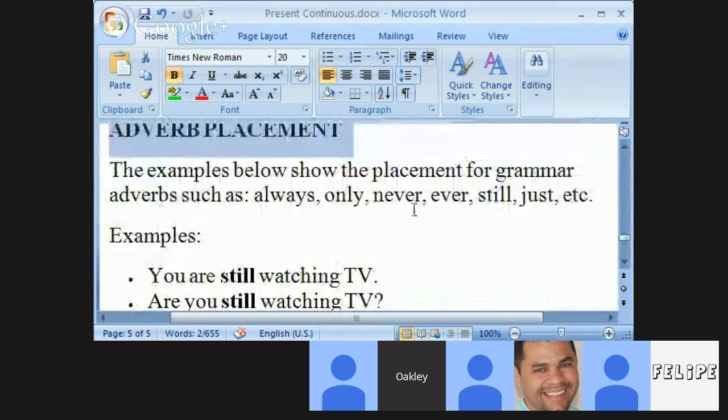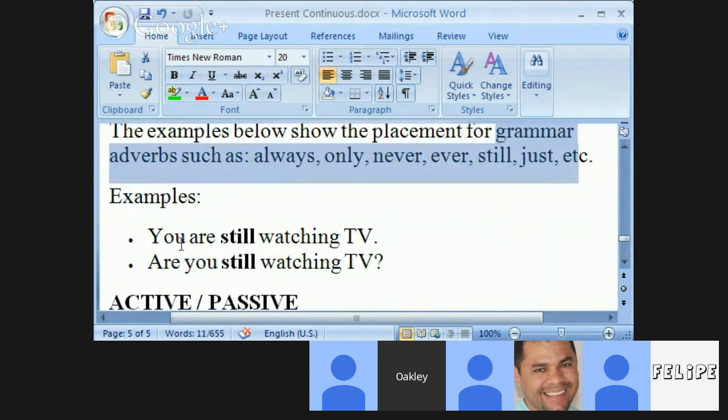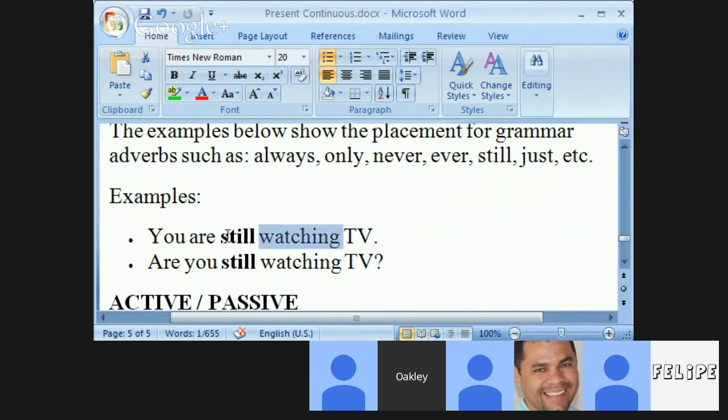That holds true for most of the grammar adverbs. The placement, to be correct, is always correct when you put it in front of the main verb. Now, of course, it is possible sometimes to move these around, but here's the thing.